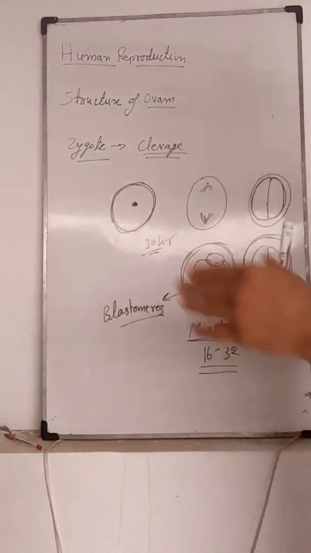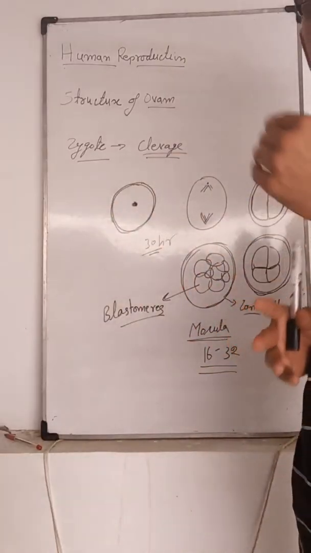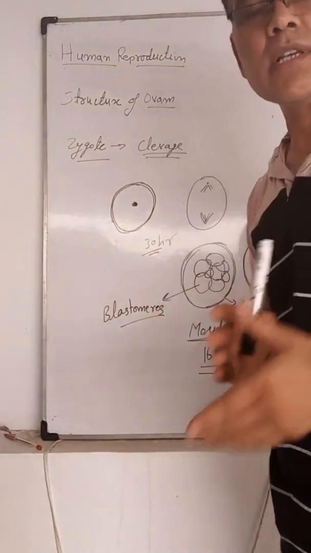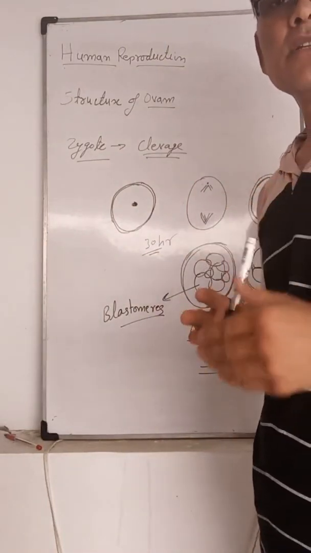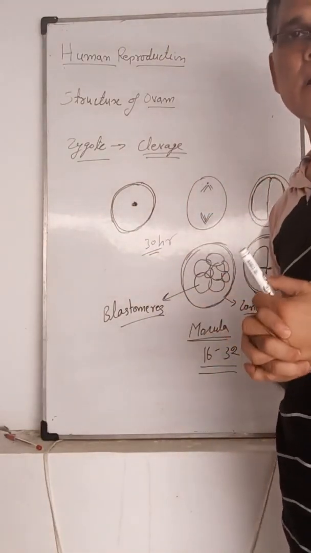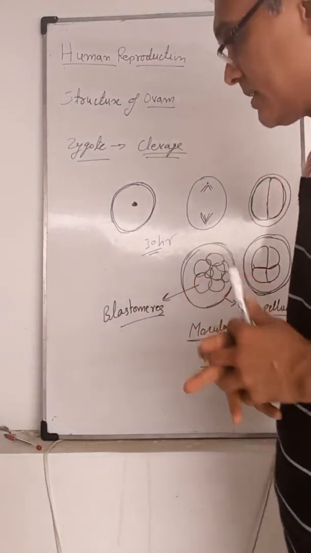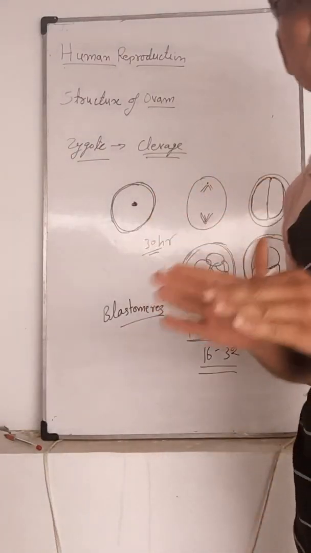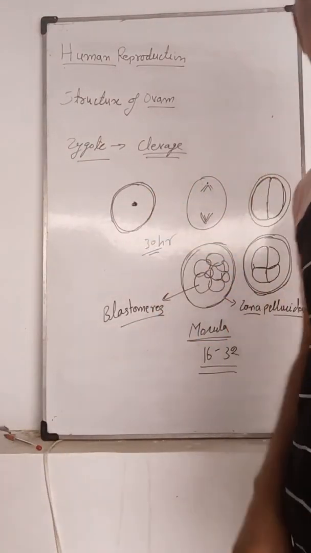It reaches the uterus within 3 to 5 days after fertilization, and after that it will be attached to the uterine wall.